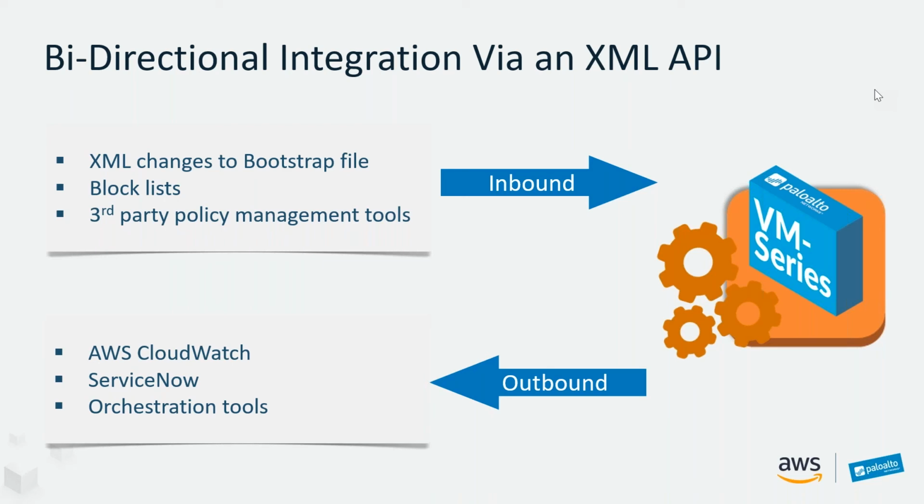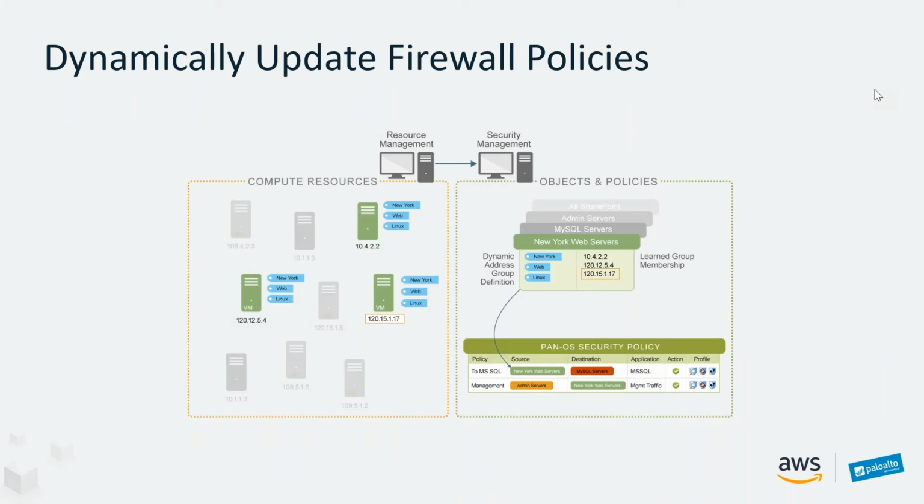We currently have some integration that can export VM series metrics directly to AWS CloudWatch to use as part of the monitoring capabilities. We've integrated with ServiceNow and some other orchestration tools so that you can build an environment where the firewall is a part of the orchestrated environment.